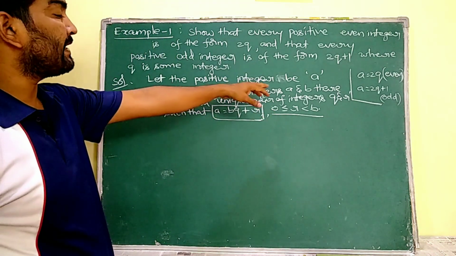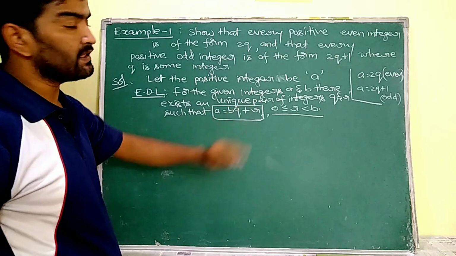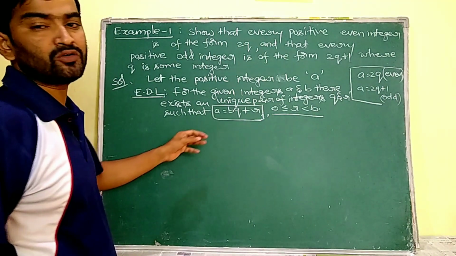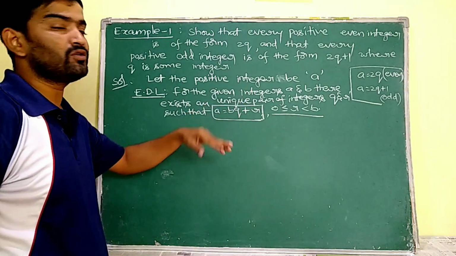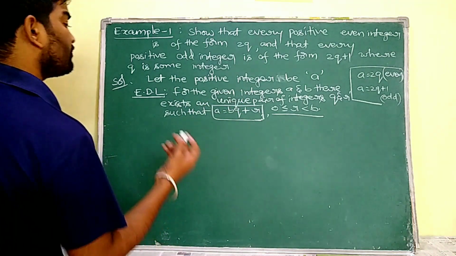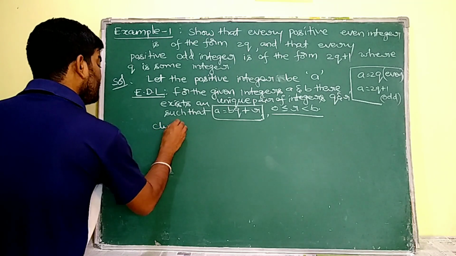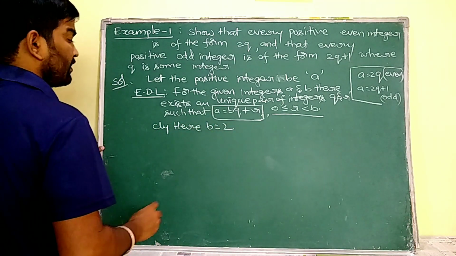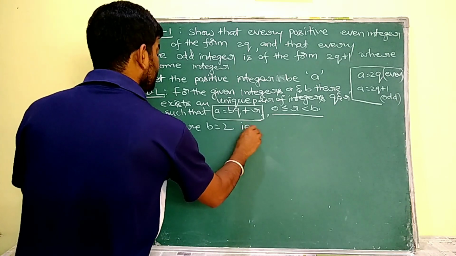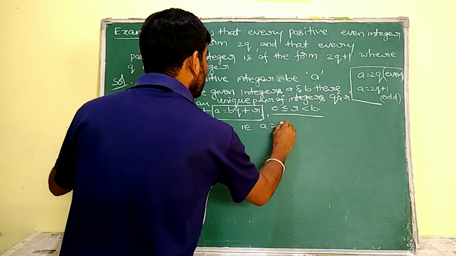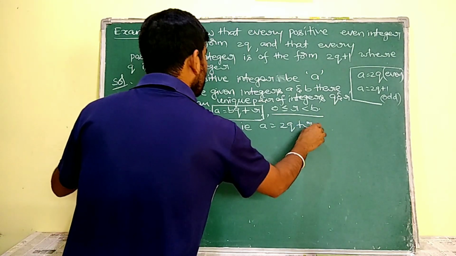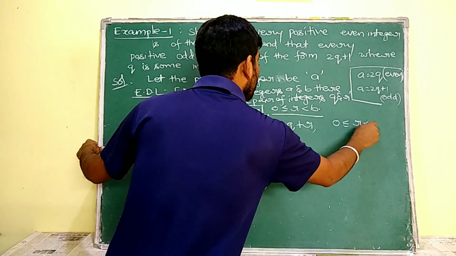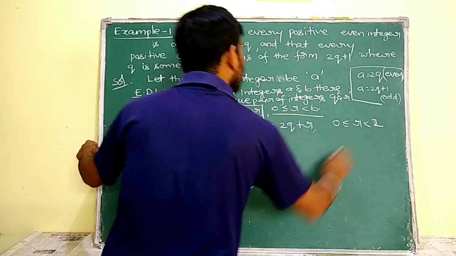I am going to compare a with bq plus r. By observing that a is equal to 2q or a is equal to 2q plus 1, clearly here b is equal to 2. So a is equal to 2q plus r, and r always lies between 0 and 2, because the b value is 2.